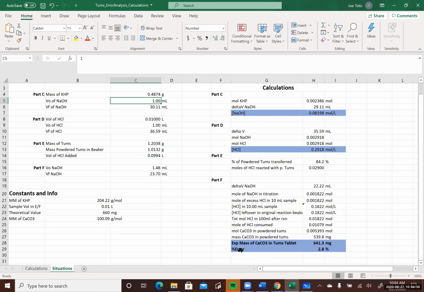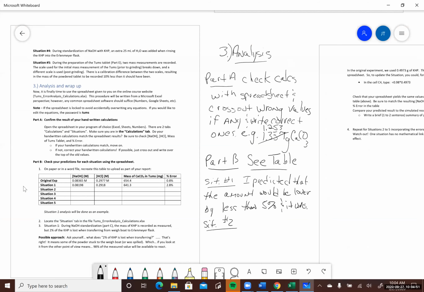The experimental mass of calcium carbonates in the Tums tablet decreases to 641.3 milligrams, and the percent error increases from about 0.8 to 2.8. So what I want to do then is I want to go back and put in those results in this table that they provided for us.